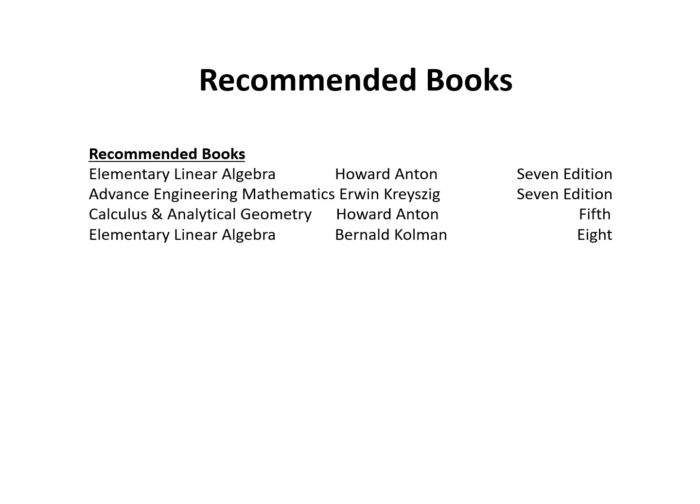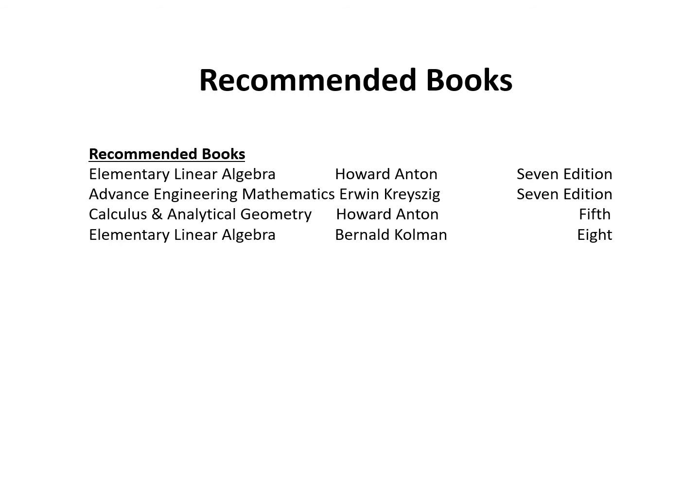These are the recommended books for the course Advanced Calculus and Linear Algebra, MT332. Book number 1 is Elementary Linear Algebra by Howard Anton, 7th edition. The second book is Advanced Engineering Mathematics by Erwin Kreyszig, 7th edition. The third book is Calculus and Analytical Geometry by Howard Anton, 5th edition.